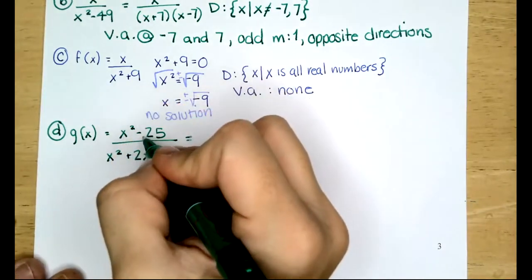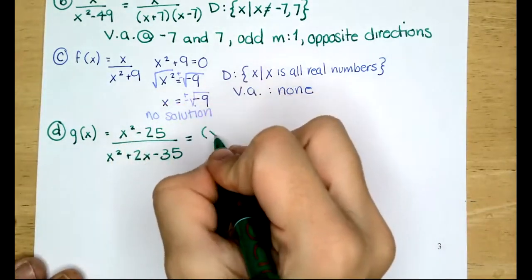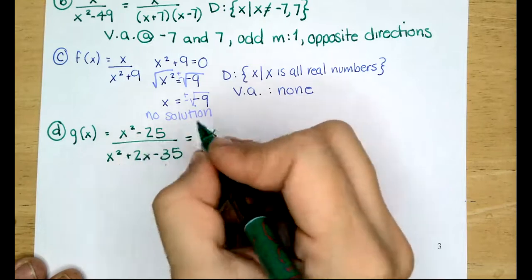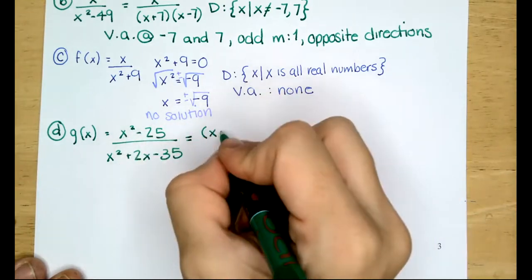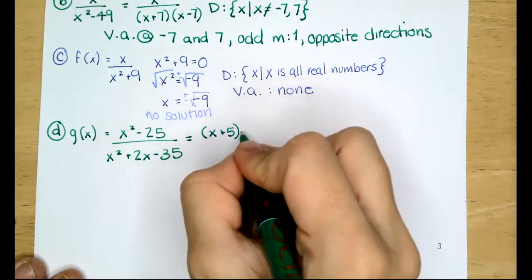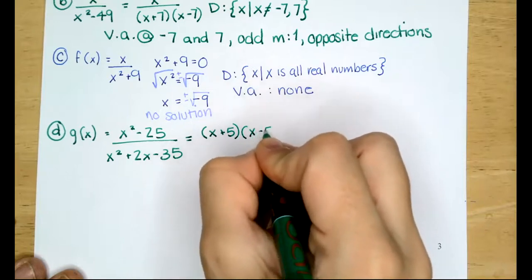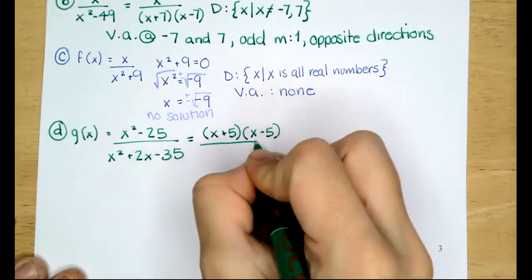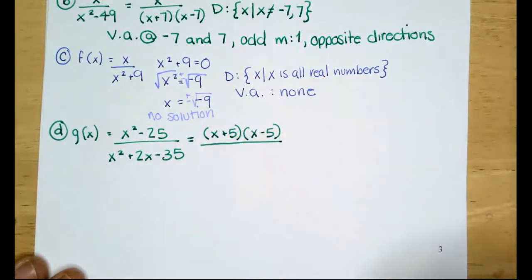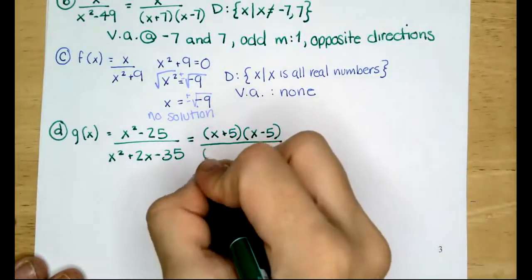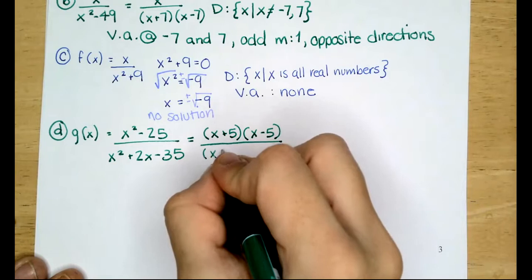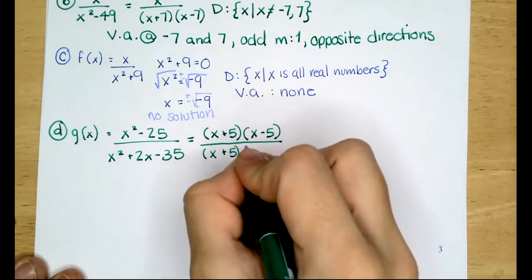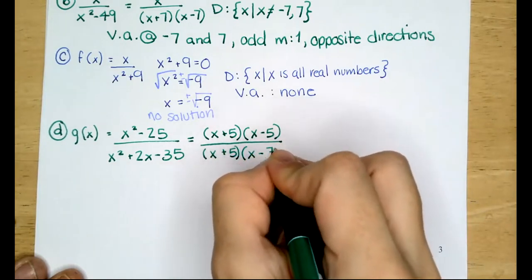So this is the difference of two squares. So that becomes the square root of x squared, which is x, and the square root of 25, which is 5. So we have the plus 5 and the minus 5. Here you have 35 and 2. So that just factors to x plus 5 and x minus 7, right?